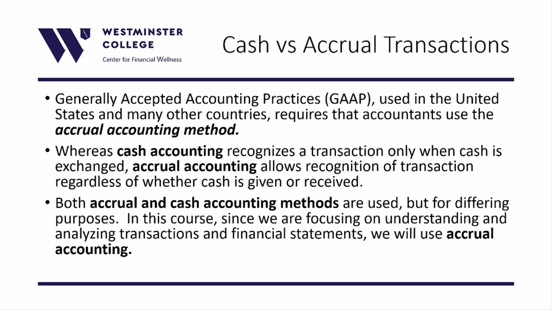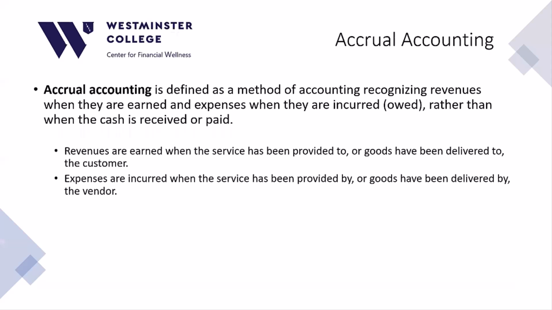So we need to learn a little bit more about how to interpret accrual accounting transactions. Accrual accounting is defined as a method of accounting recognizing revenues when they are earned and expenses when they are incurred, are owed, rather than when cash is received or paid.